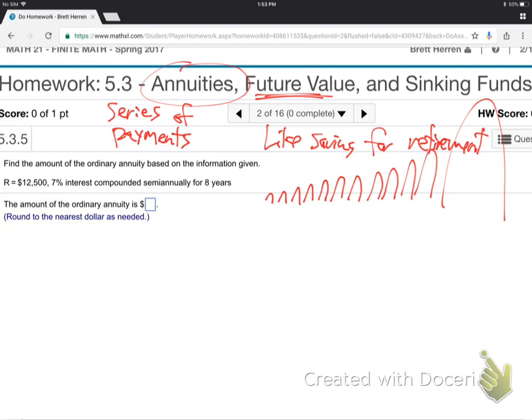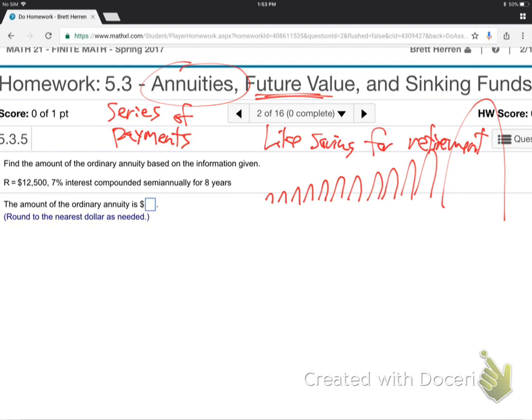So this section is an annuity, a series of payments every month or every week or every year, putting money in the bank and it growing to be a big pile at the end. The last section we just finished, 5.2, compound interest, was just making one deposit, and then how much is it going to be in 10 years? See the difference? This is regular, consistent payments into an account that build up over time. All right, so that's an annuity.